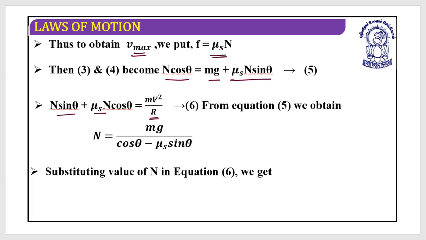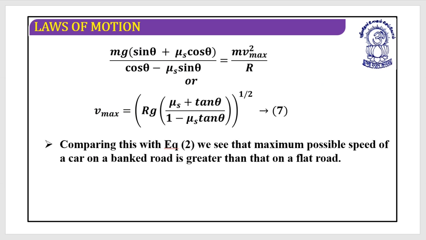If I replace this, what I can have is N equal to mg divided by cos theta minus mu s sin theta. And in this case, I can have mg into sin theta plus mu s cos theta upon cos theta minus mu s sin theta, equal to m Vmax squared by r. This m and this m are gone, and this can be written as Vmax squared equal to Rg into bracket mu s plus tan theta upon 1 minus mu s tan theta.